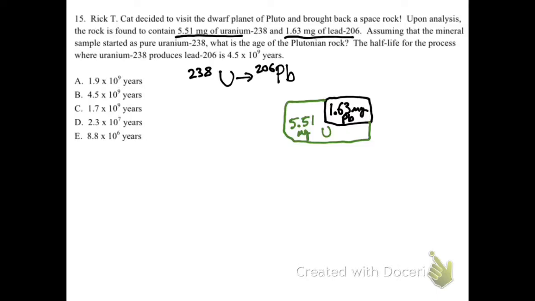We actually know right off the bat that our N sub T is equal to 5.51 milligrams, because that's the amount of uranium that's remaining. Our goal in this problem is to figure out what N sub 0 is. That is the key to this problem.